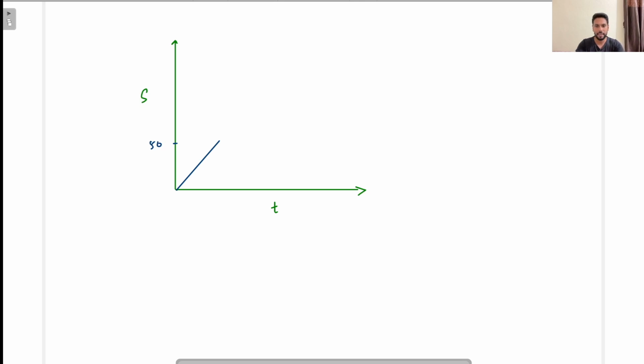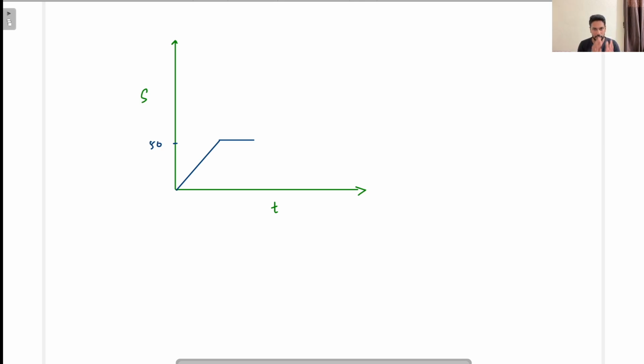When I say it is having uniform motion, it is a flat line, a line which is flat to the x-axis, and that line represents uniform motion. I'm just going to tell you how to get a velocity time graph from a speed time graph and what the implications of it are.